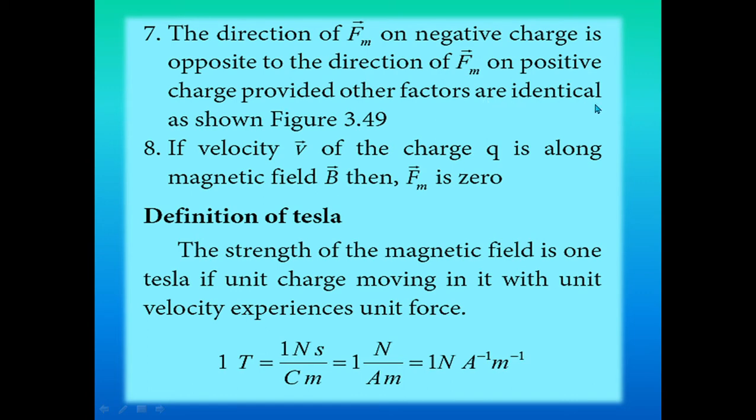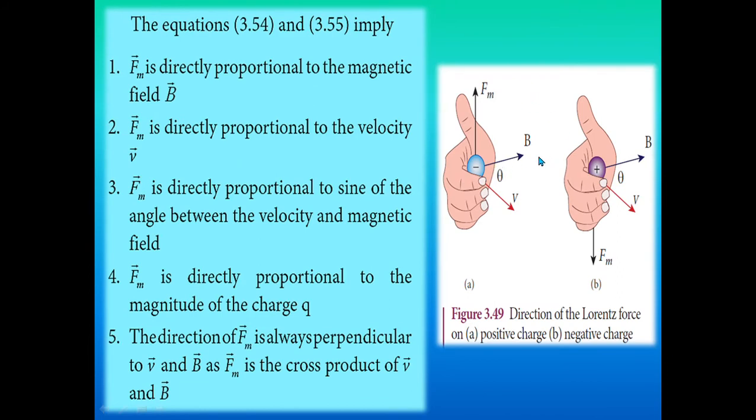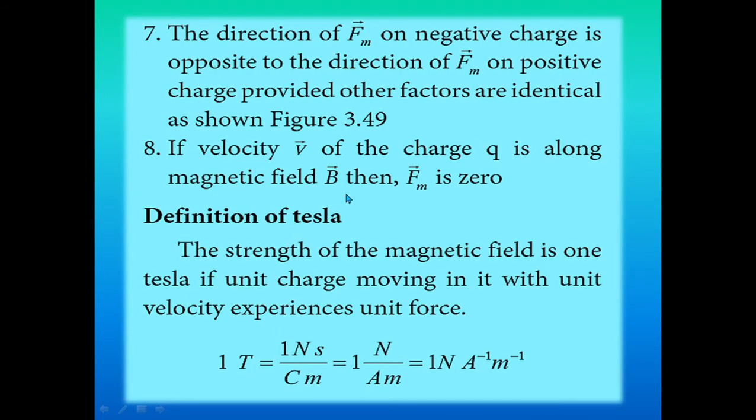The last point: if the velocity V vector of the charge Q is along the magnetic field B vector, then the magnetic force Fm is 0.